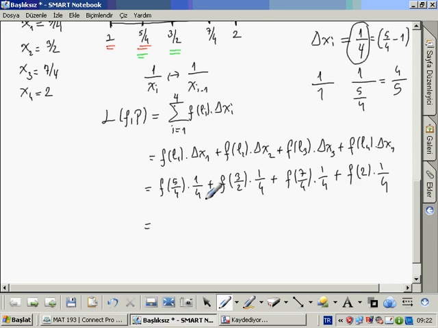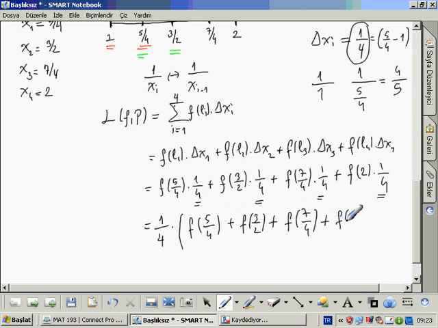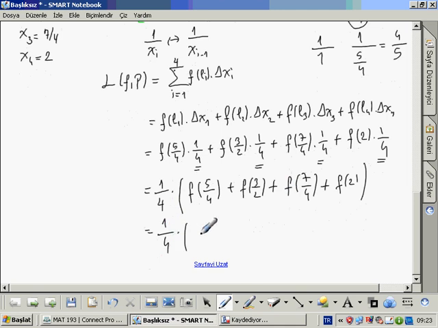And after that, as you see, we have 1 over 4, so we can take the 1 over 4 as a common multiplication, and after that f of 5 over 4 plus f of 3 over 2 plus f of 7 over 4 plus f of 2, right? And after that 1 over 4 times f of 5 over 4. It will be 1 over 5 over 4, and then 4 over 5, plus 2 over 3 plus 4 over 7 plus 1 over 2, right?